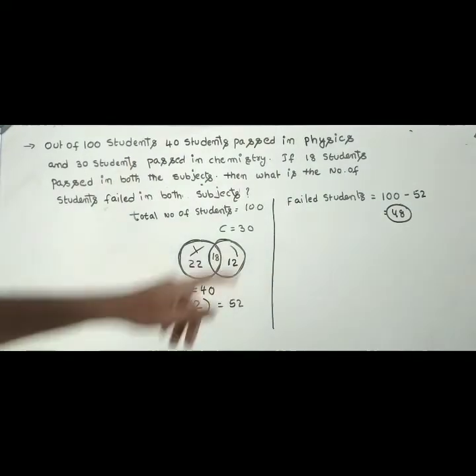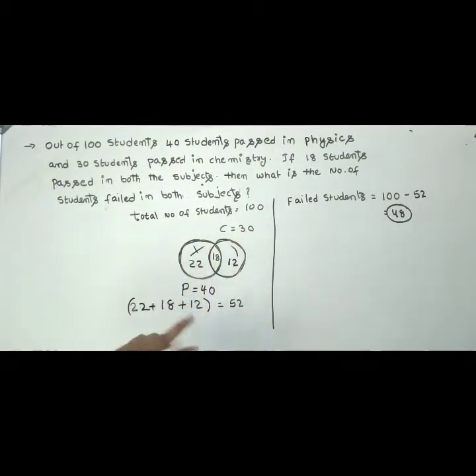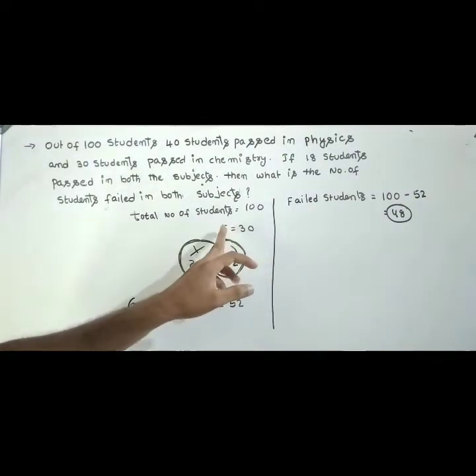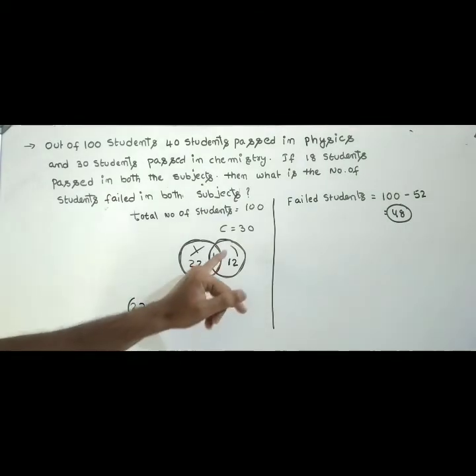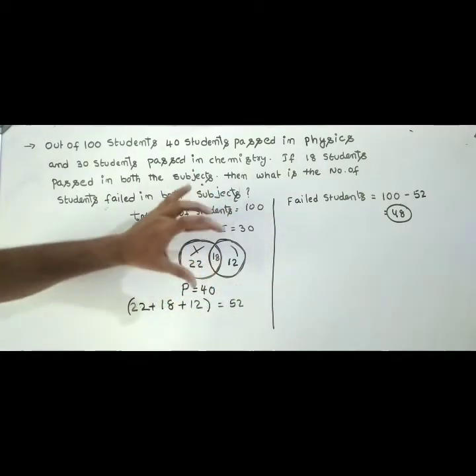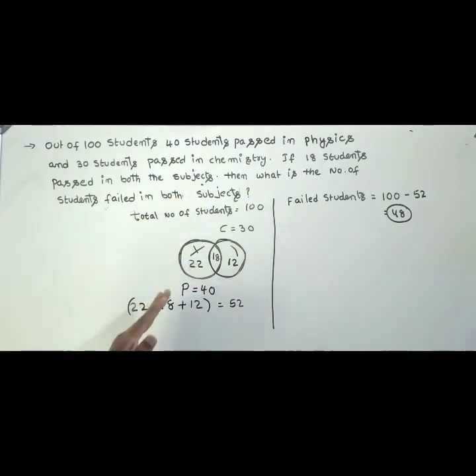See friends, total number of the students given 100. Out of 100, 40 passed in physics, 30 passed in chemistry, and in both physics and chemistry 18 are passed. By using these three, we can calculate the number of the students passed only in physics and only in chemistry. Here see 40 minus 18, 22. 22 passed only in physics.